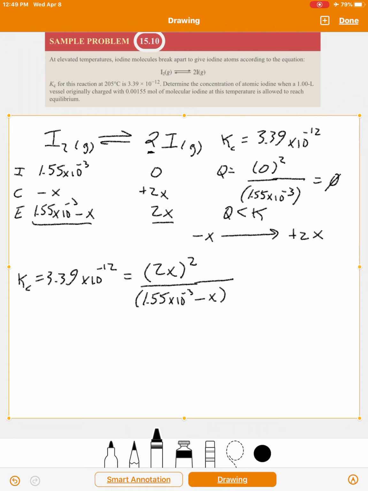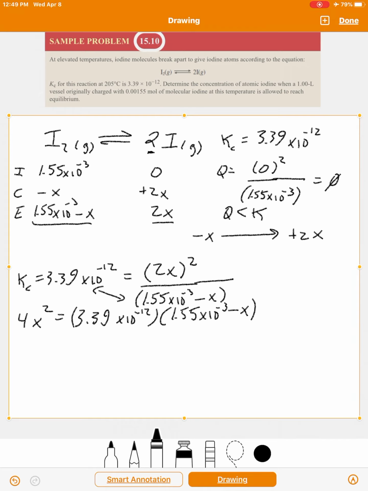So that means we're going to distribute. We're going to take what's in the denominator, multiply it by K, and that'll be equal to what's in the numerator. So let's do the numerator first. 2x quantity squared is not 2x squared, it's 4x squared. And that would be equal to 3.39 times 10 to the minus 12 times 1.55 times 10 to the minus 3 minus x.